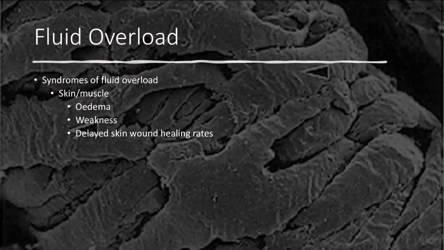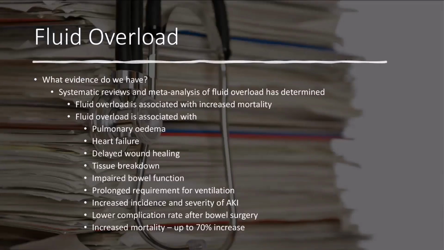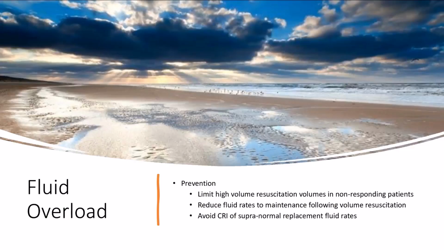In skin and muscle, we just get edema, weakness, and delayed skin healing as well. So the evidence that we have is pretty significant that we get all of these things happening in patients with volume overload, as well as increased mortality rates in our patients.